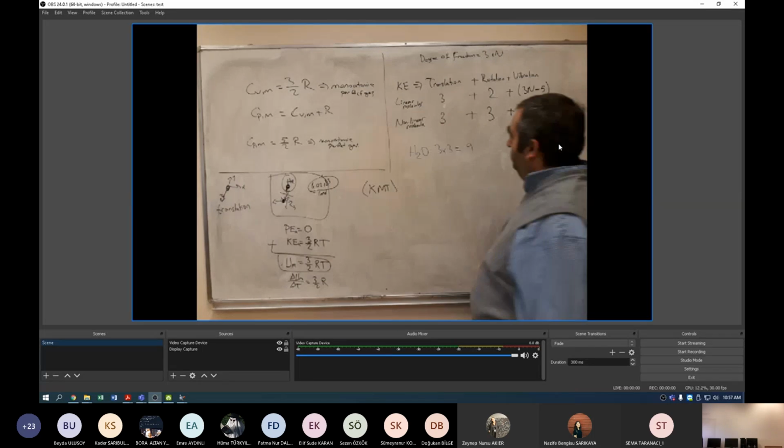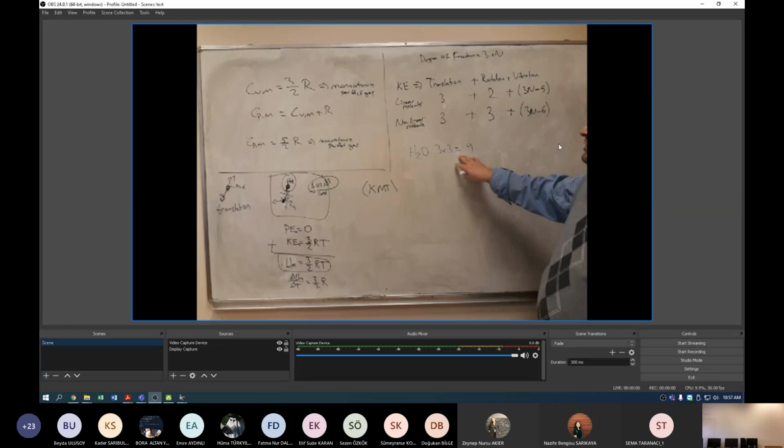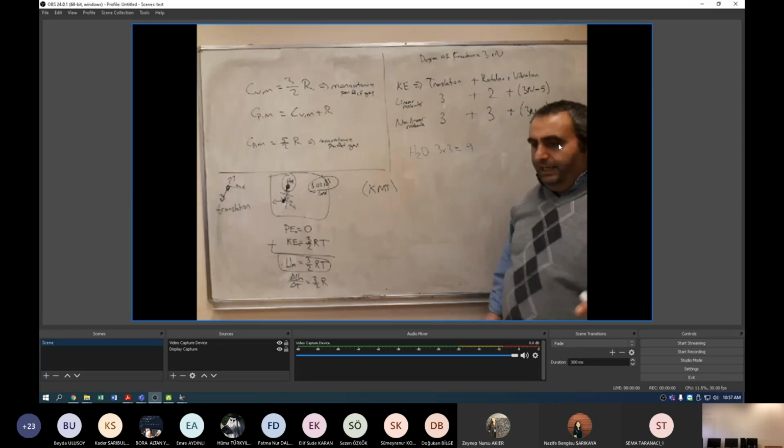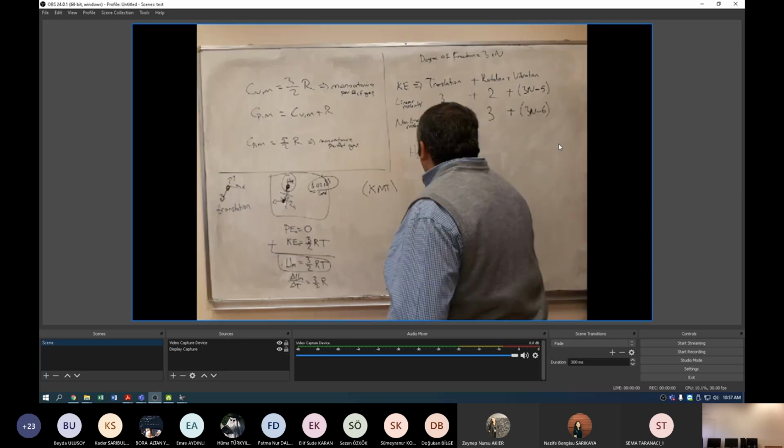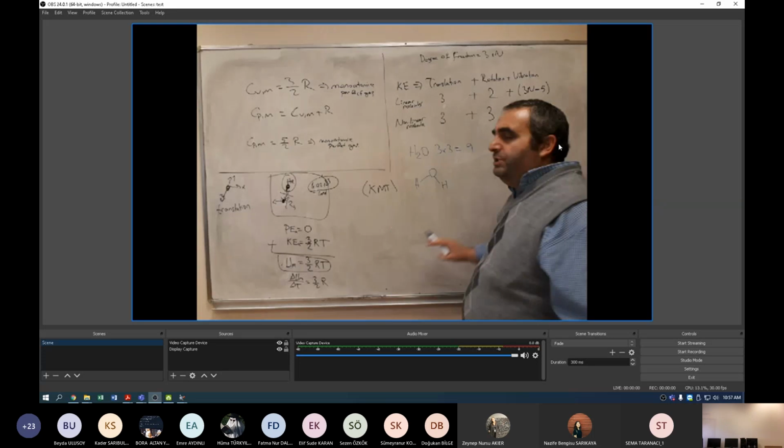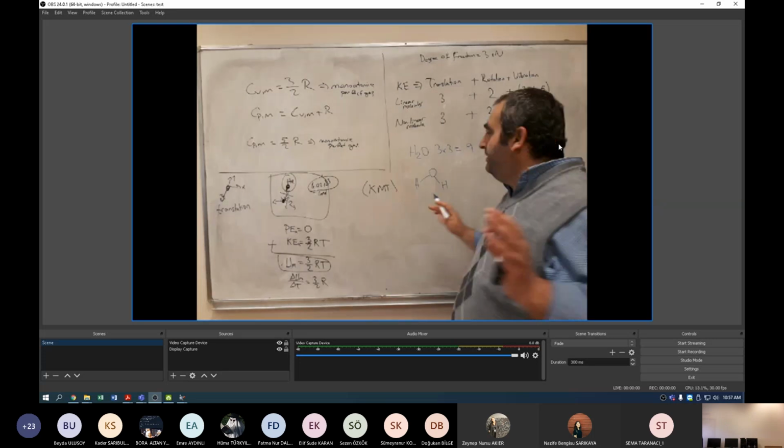There are 9 different motions that this molecule can have, if I assume all hydrogens and oxygens are independent from each other.